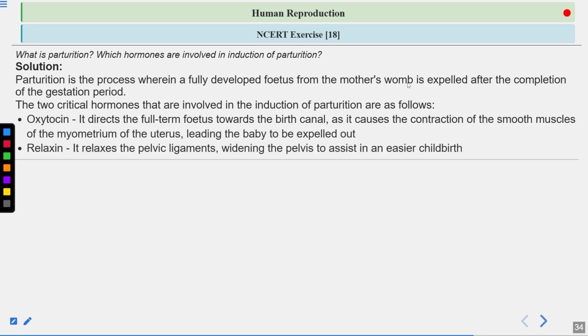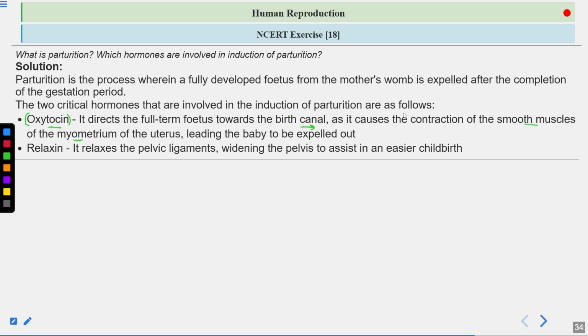What are the hormones involved in parturition? Oxytocin. It directs the full-term fetus towards the birth canal, as it causes the contraction of the smooth muscles of the myometrium of the uterus, leading to the baby being expelled out. So basically, oxytocin is known as the birth hormone. Why is it known as the birth hormone? Because oxytocin induces contractions in the myometrium, and the myometrium is made up of smooth muscles.